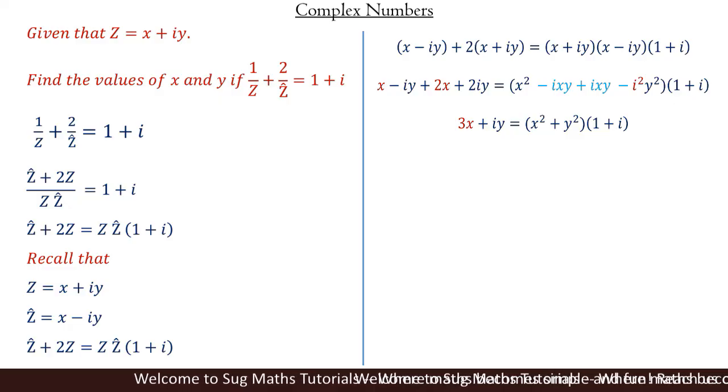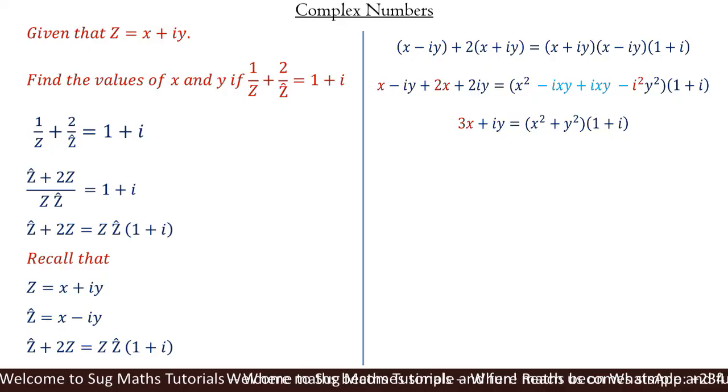How did we get this y squared? We say that i squared is negative 1. So negative 1 multiplied by this negative in the coefficient is going to turn to positive. So we have x squared plus y squared. Then the last term we have 1 plus i.